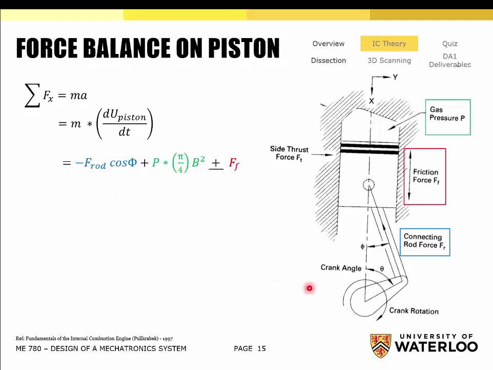Remember theta here, okay? Because the piston at this particular moment in time is at an angle, there is a vertical component to this force, but there's also a horizontal component that's pushing against the cylinder wall. That's going to wear the cylinder wall out because you're pushing against it all the time. Remember that for the quiz.